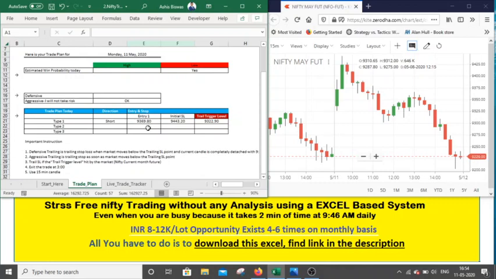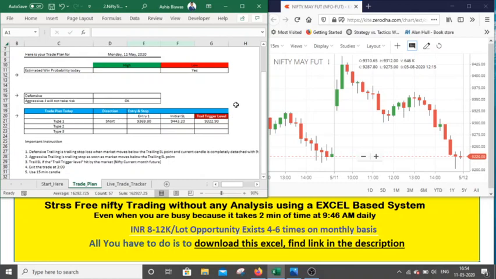You do not need to put any buffer. It is already calculated based on everything. So 9369.80 will be your order. Your initial stop loss was 9443.20. Again, you do not need to add any points to it. Everything is done for you.